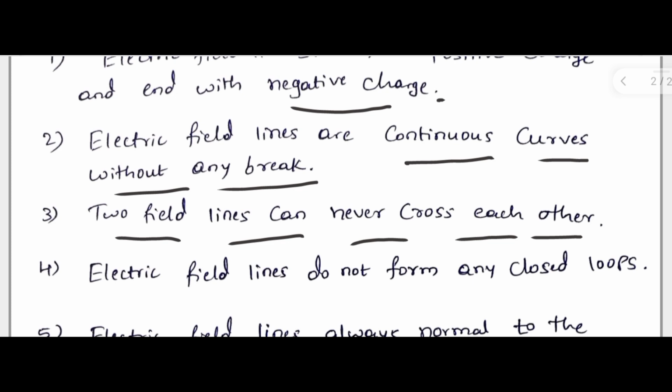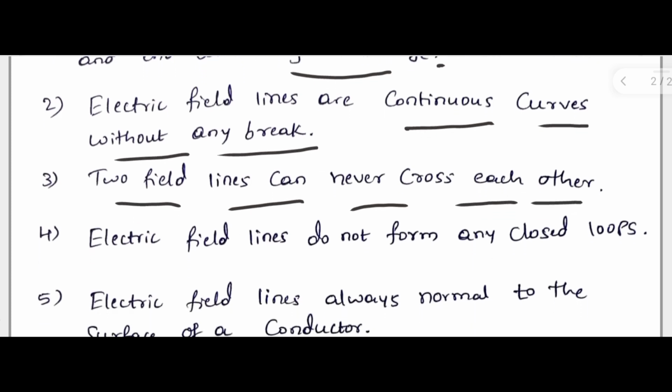There are always n number of field lines forming around a single charge or a combination of charges, and all have their own path. Next: electric field lines do not form any closed loops.